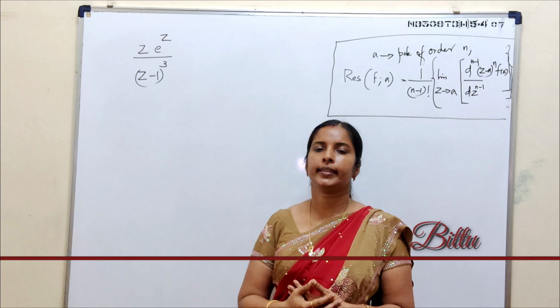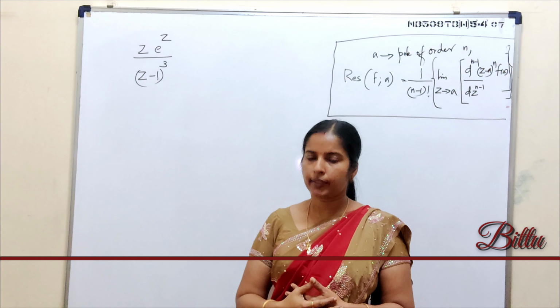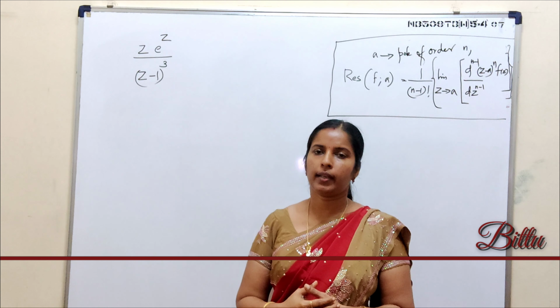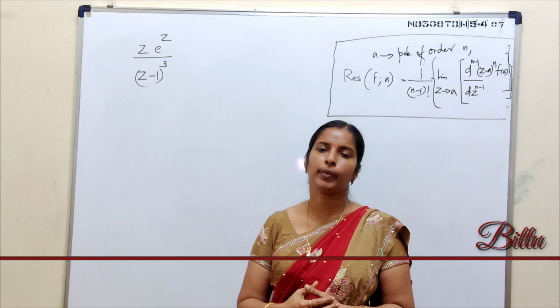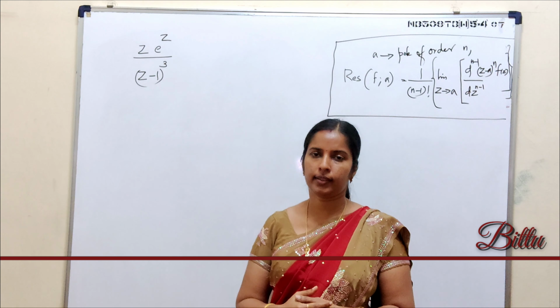That is, the equation is 1 by (n minus 1) factorial, limit z tends to a, (n minus 1)th derivative of (z minus a) the whole raised to n f of z.